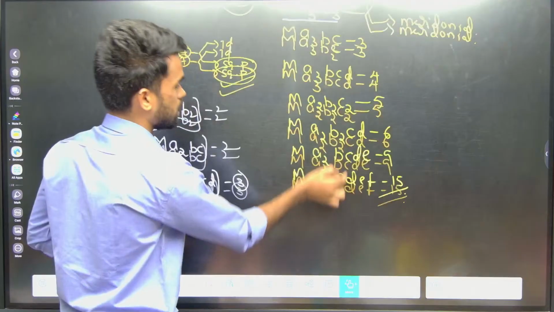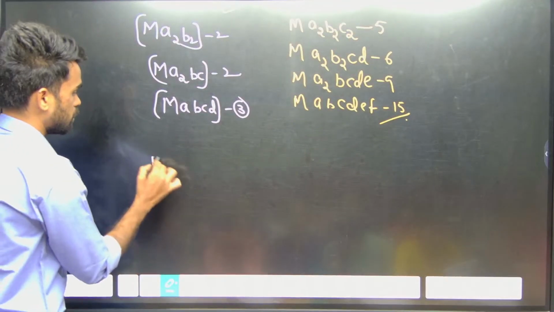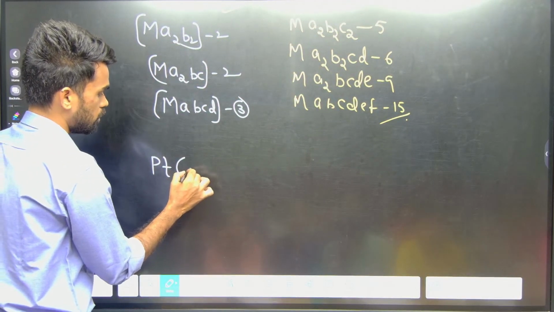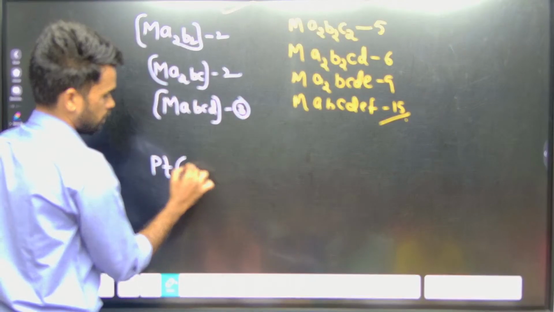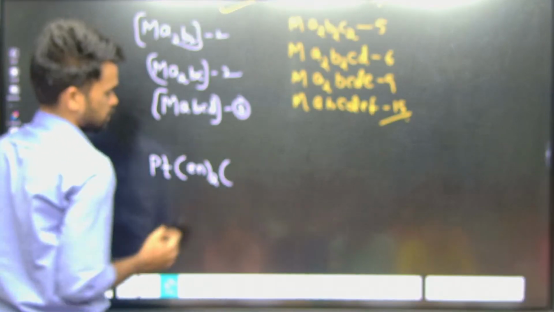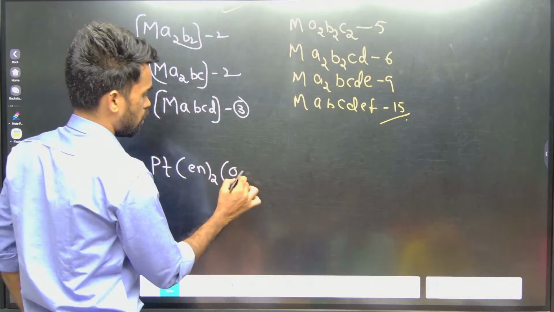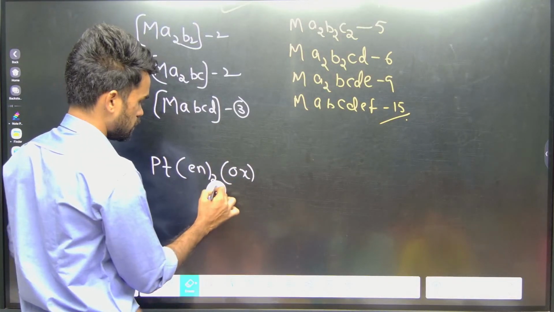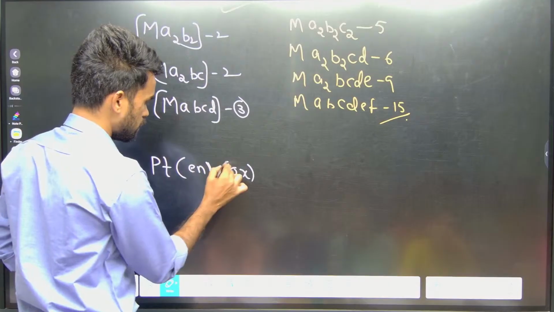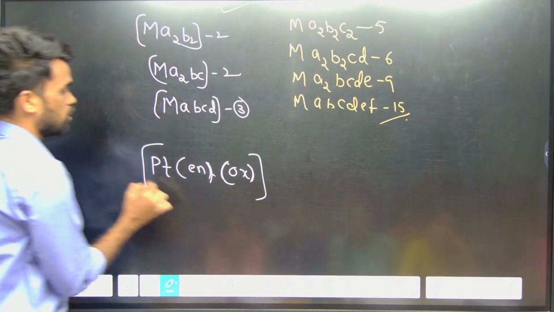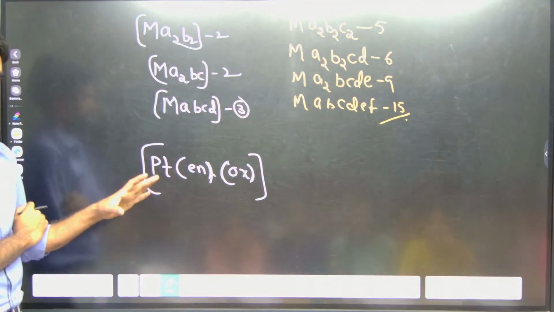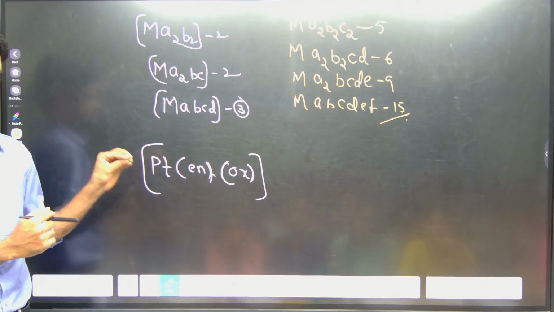Now I will be giving you one complex, you just tell me. Pt(en)(ox), one en, one ox. So tell me here, how many are possible? Is it possible or not? First of all, is geometrical isomerism possible or not?